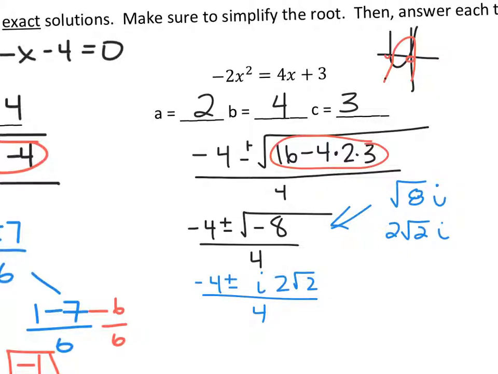You can actually go further with this because you can reduce all three of these terms by 2. So this is going to be -2 plus or minus i root 2 over 2. I divide each of those terms by 2. You can only do that if all three of them can be divided by the same number.